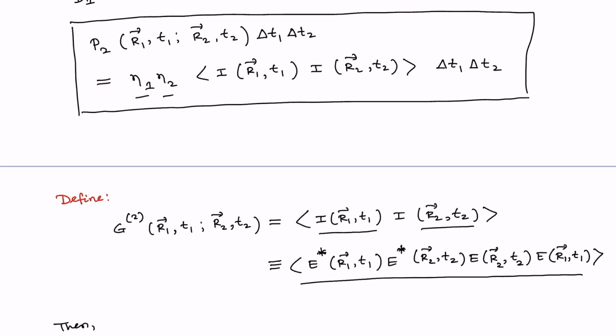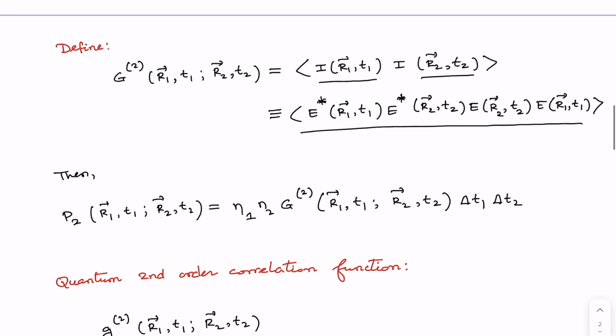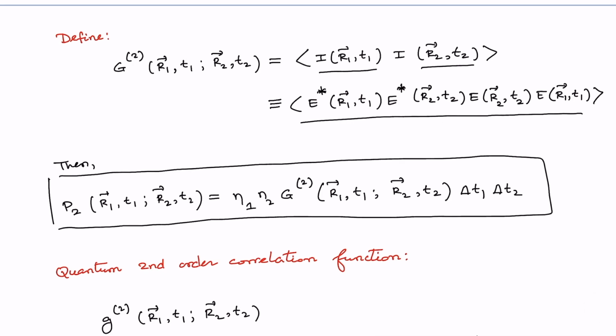Here the only thing to be noted is the order and the manner in which these electric fields are written. This is called normal ordering and time ordering. Then using this second order correlation function, the joint probability could be written in this particular form.